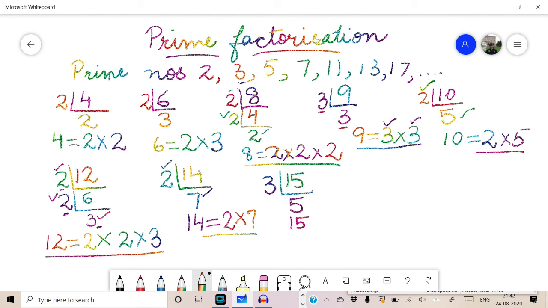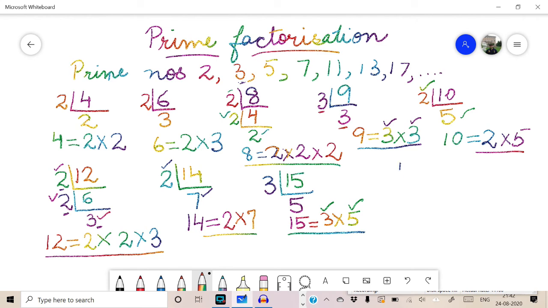So 15 is equal to 3 multiplied by 5. Now children, 3 and 5 both are prime numbers. So we have expressed 15 as a multiple of two prime numbers.